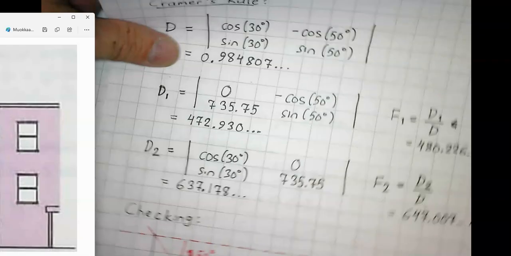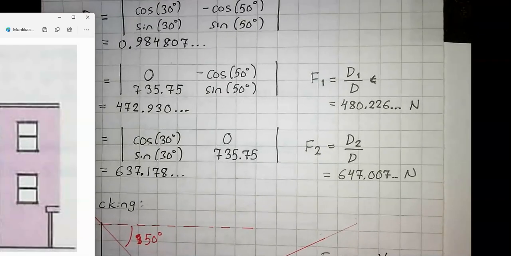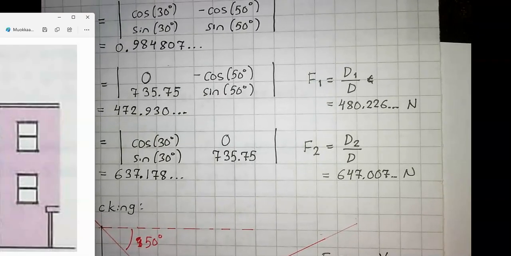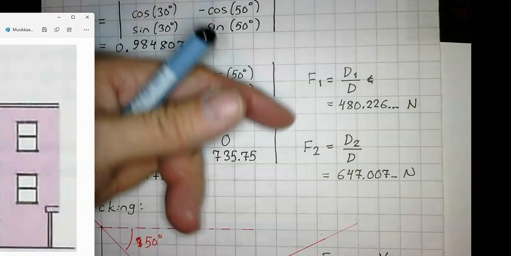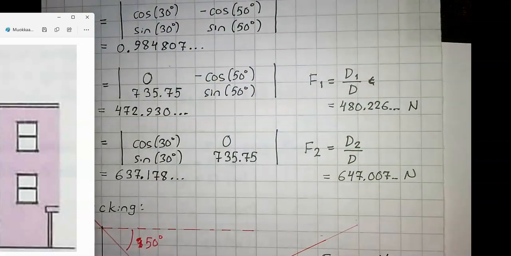We got the answer that F1 and F2 were 480 and 647, and especially they are both positive values. These could also be negative values. What does that mean?